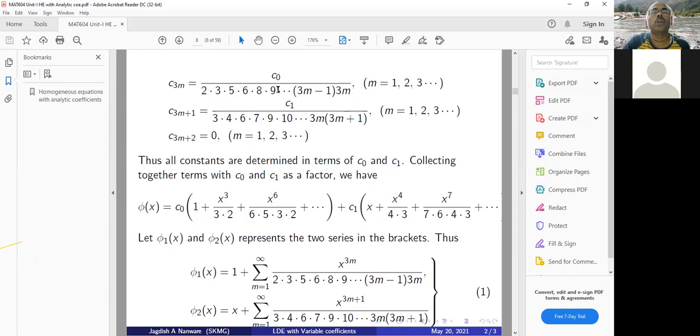So how will you write the previous multiples? 2 into 3, right? Left 4 here. 5 into 6, left 7, 8 into 9. If you take m is equal to 4, here you have to leave 10 and then write 11 into 12. That is the idea. So whenever we see this coefficient, this is the way of writing.